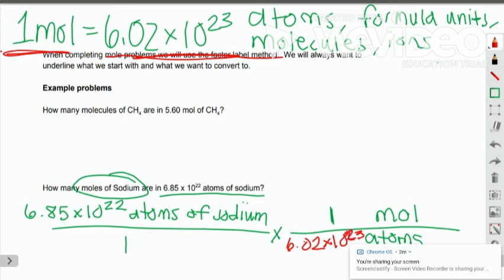So we are going to put in our calculator this time something different. Last time we were using multiplication because the 6.02 times 10 to the 23rd was at the top. This time, the 6.02 times 10 to the 23rd is at the bottom. So our calculation will now be 6.85 times 10 to the 22nd divided by 6.02 times 10 to the 23rd.